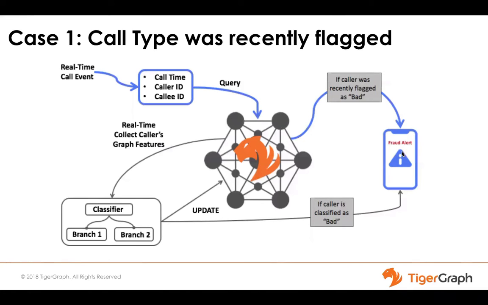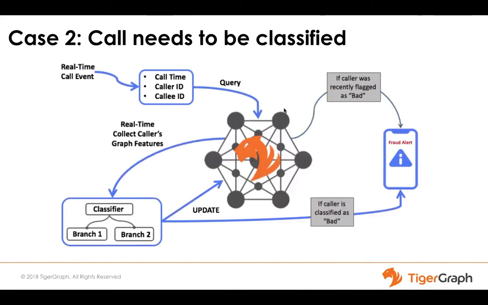In this way, we can detect the fraud phone in real time, so that even before the callee answers the phone, they already know the fraud type. This is a very simple case. Now look at the second scenario, when we don't have its fraud flag yet, or when its fraud flag is expired.